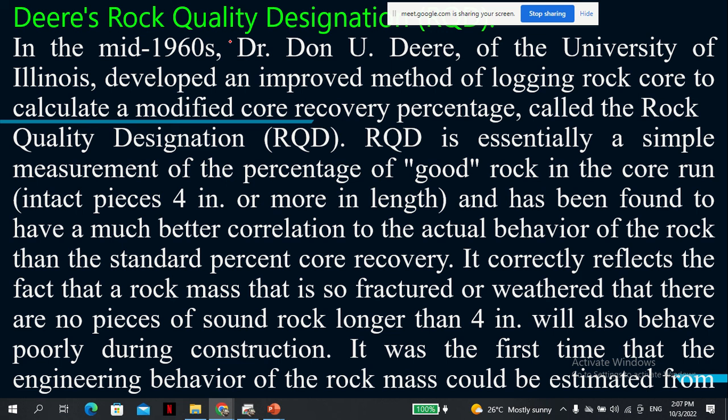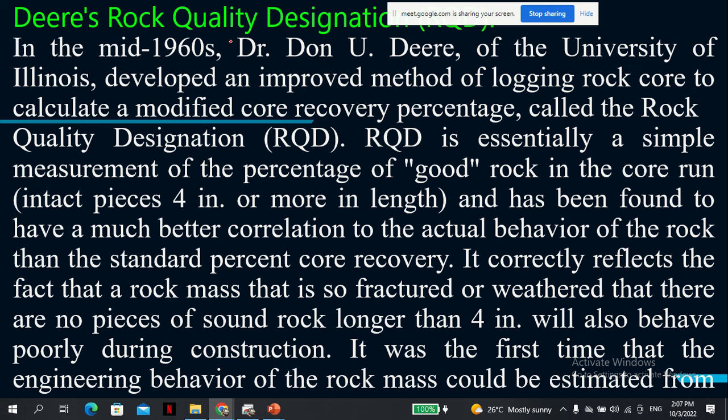Now, if you have two broken pieces, then that's 50%. So it has something to do with the length of the intact rock versus the length of the broken. Essentially, it is a simple measurement of the percentage of good rock, good in quotes, in the core.